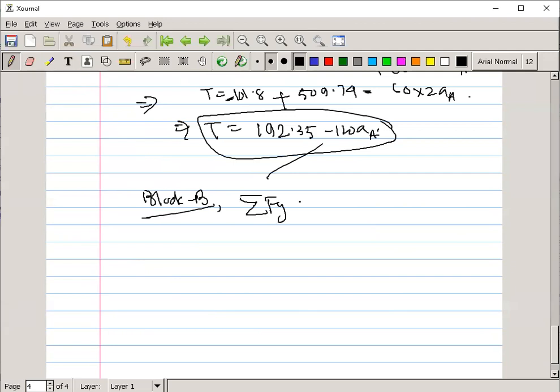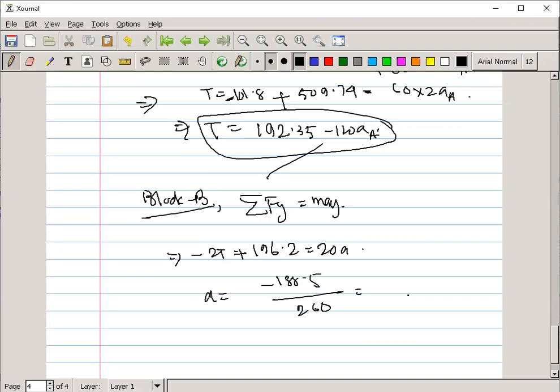Similarly you have to apply another thing for block B. Summation of f of y is equal to m of ay. So you have to put here minus 2T plus 196.2 is equal to 20 of a. So a will be minus 188.5 divided by 260.